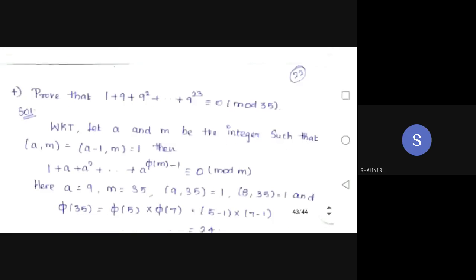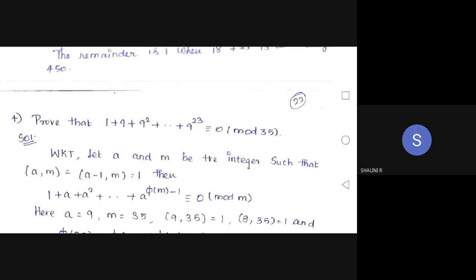So here A is 9, the mod value M is 35, and the GCD between 9 and 35 is 1. Also you have to check whether the GCD between A minus 1 and M, that means 9 minus 1 is 8, the GCD between 8 and 35 is also 1. So 9 and 8 are both relatively prime to 35.